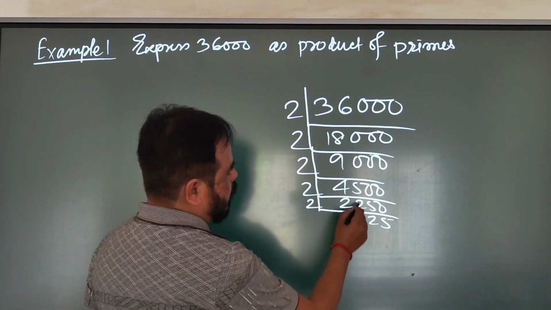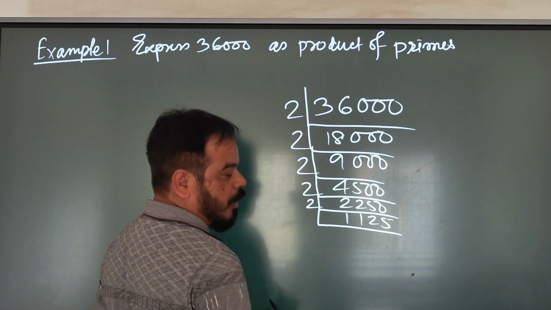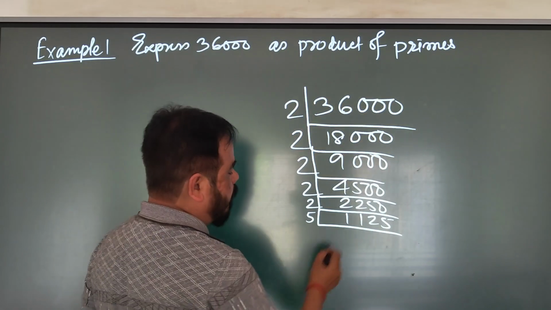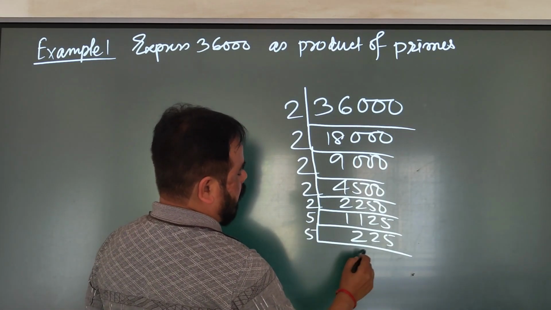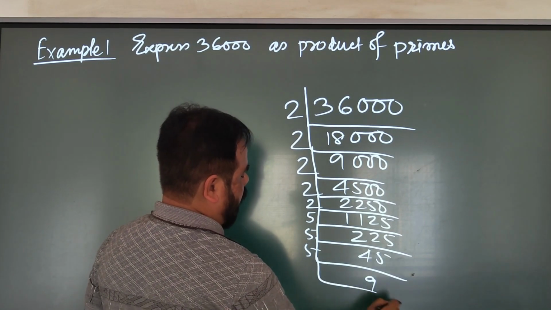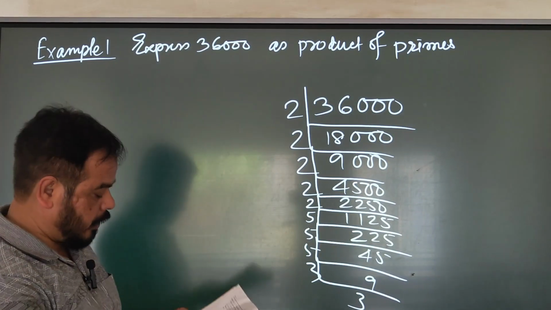2 into 5 is 10, 2 11s are 22, 2 to the 4, 5 to 12. Then this is not divisible by 2, so we try 5 only, because the last digit is 5. 5 2s are 10, 5 2s are 10, 5 5s. So 5 like this, 5 9s are 45, 3 3s are 9. So these are all prime numbers.